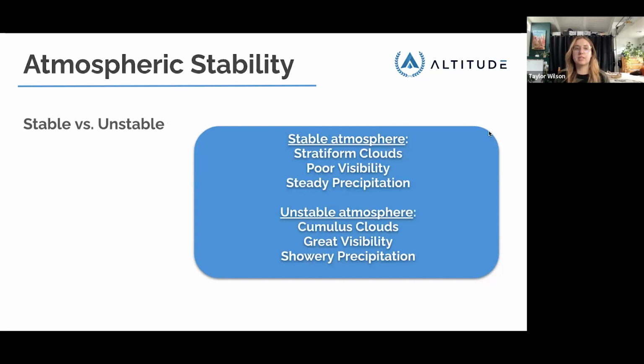Then we can talk about the stability of our atmosphere. When we're talking about stability, you can think of it as the ability of our air mass to resist vertical movement. In a stable atmosphere, you can expect stratiform clouds.